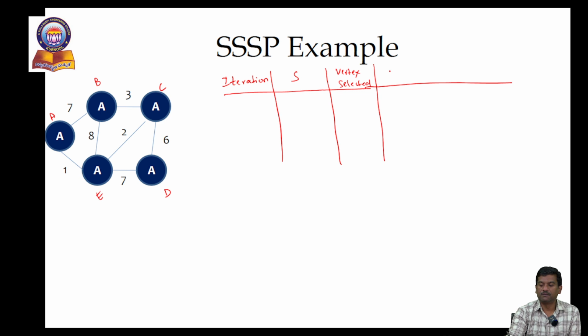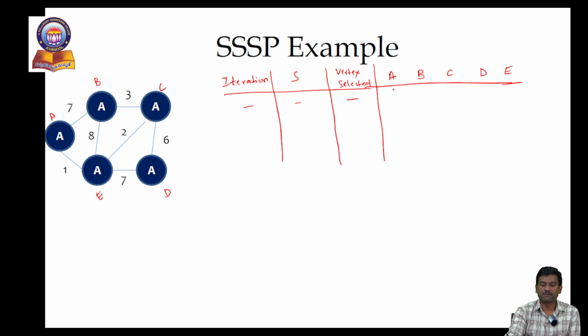Here there are 5 vertices, namely A, B, C, D, and E. So for the iteration, we have not yet taken any solution set vertices, and the vertex selected initially will be equal to null. Nothing has been present. And coming to the next, that is distance of A.